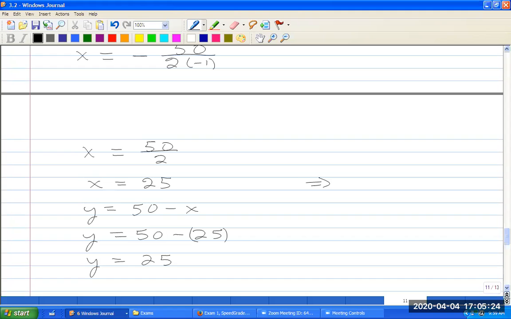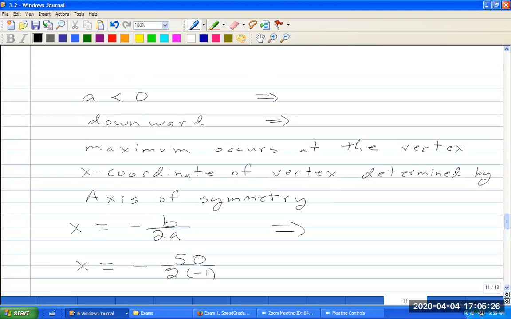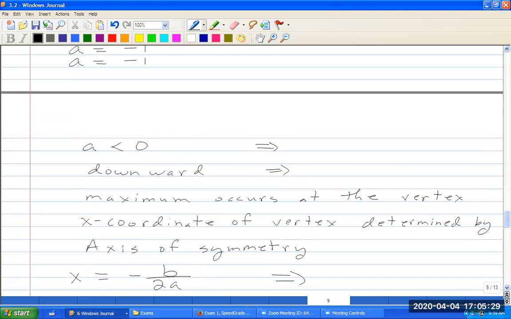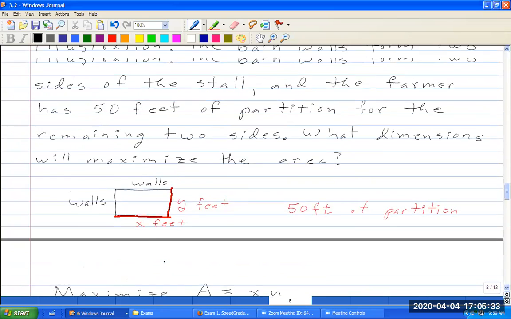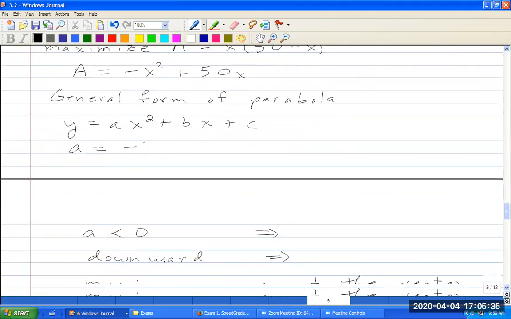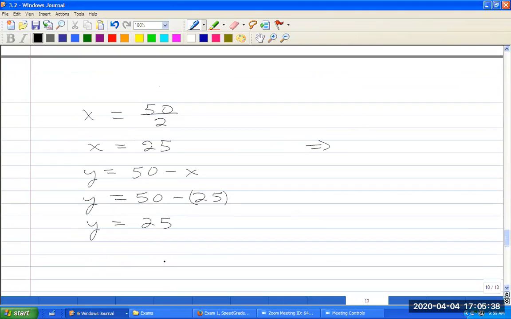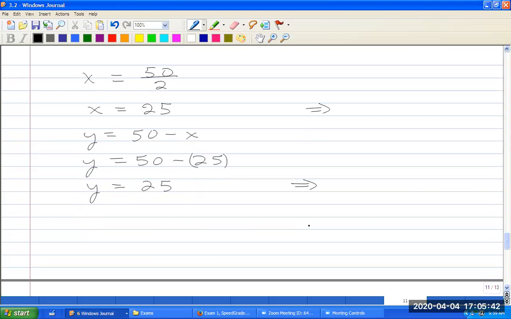Therefore, the maximum occurs when x is 25 and when y is 25. What are the dimensions? The dimensions are 25 feet by 25 feet. That will be the dimensions for which this partition maximizes the area.